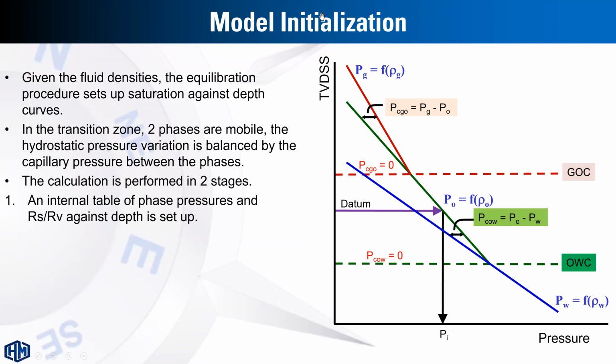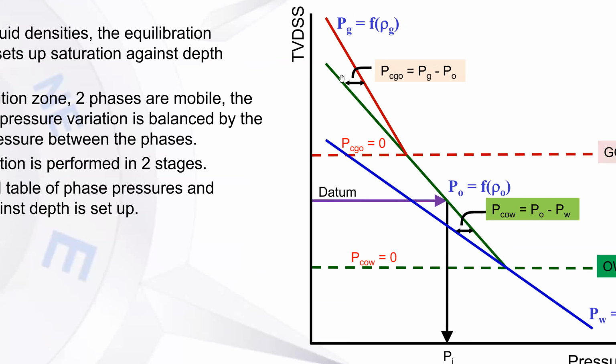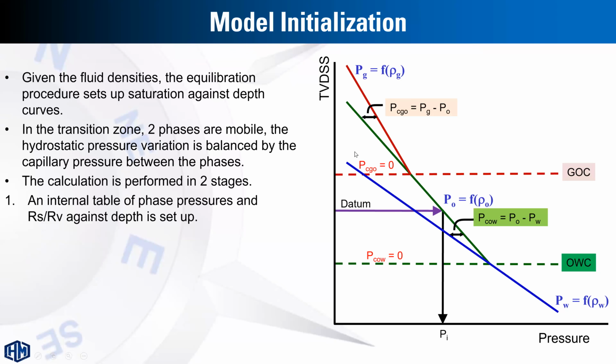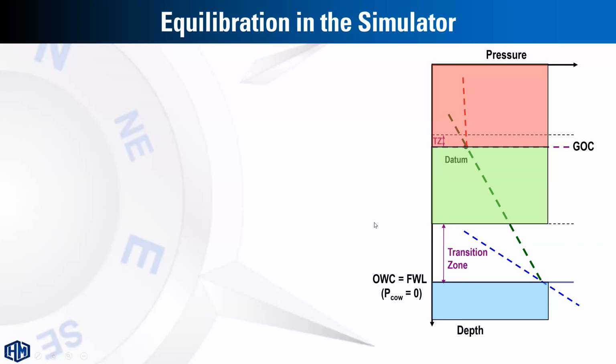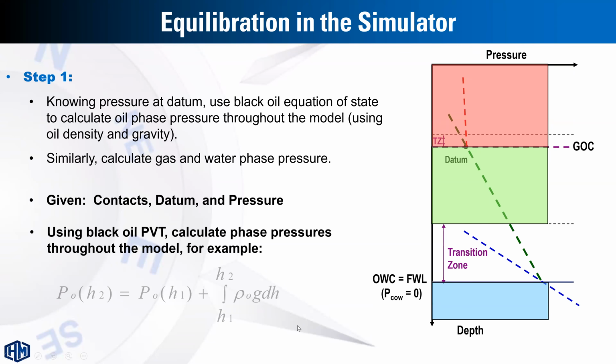Using this line representing the gas pressure line, this line the oil pressure line, and the water pressure line, the simulator can calculate the capillary pressure. So at any depth, the simulator can calculate the pressure using these pressure lines.